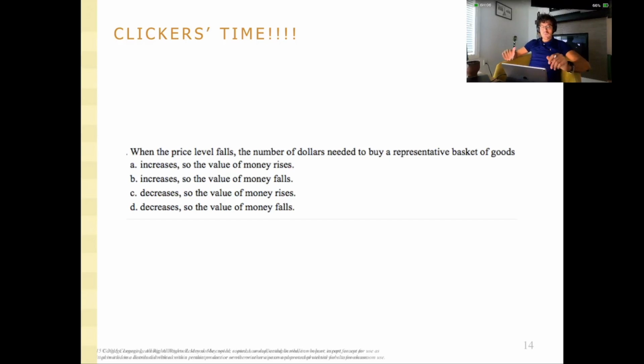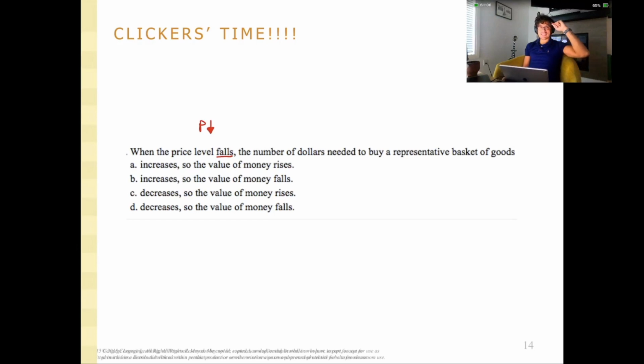Oh, this is a beautiful clicker question. So let us look at it. When the price level falls, which means when prices go down, then the number of dollars needed to buy a representative basket of goods increases or decreases, and accordingly the value of money rises or falls.